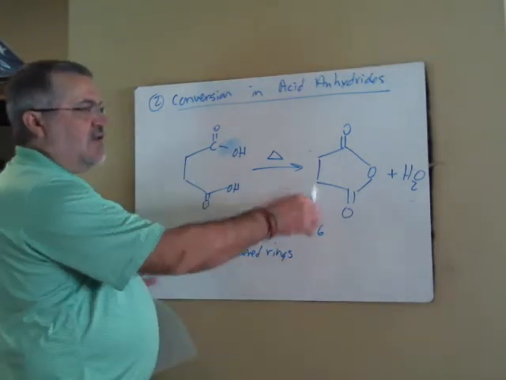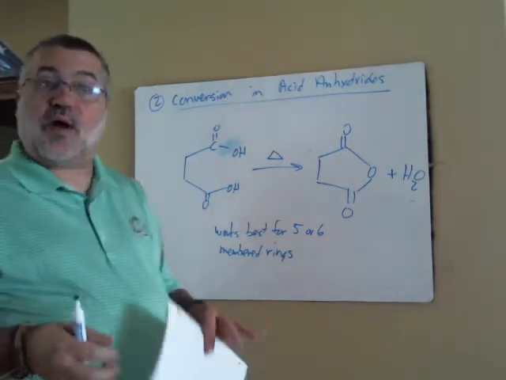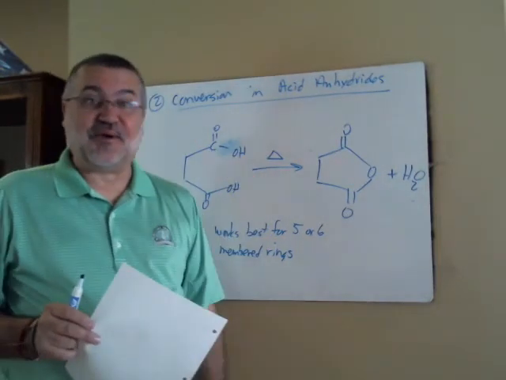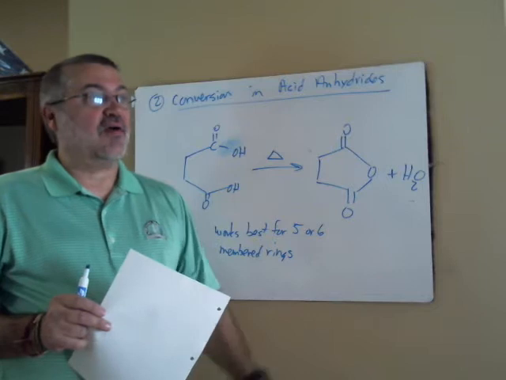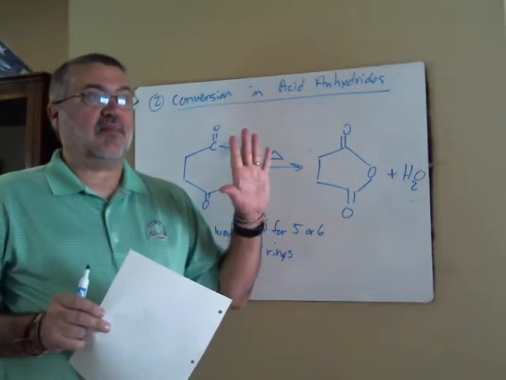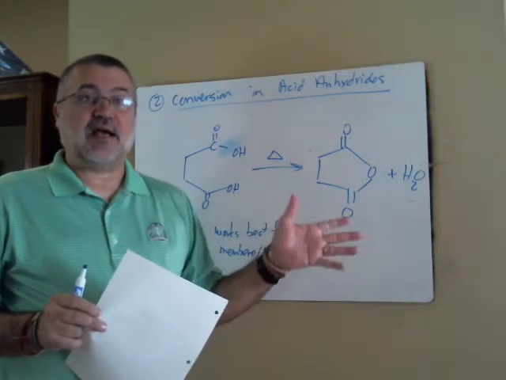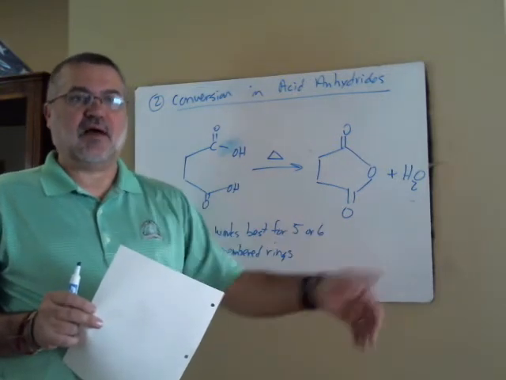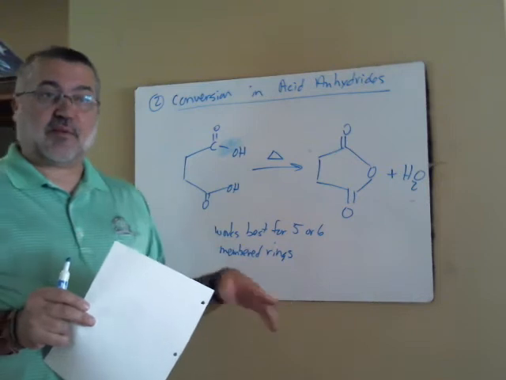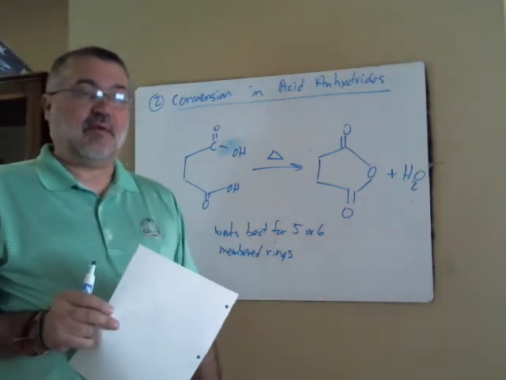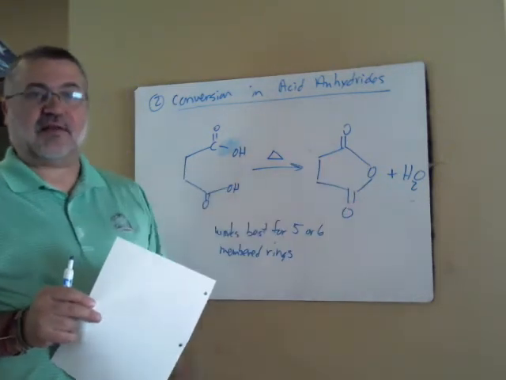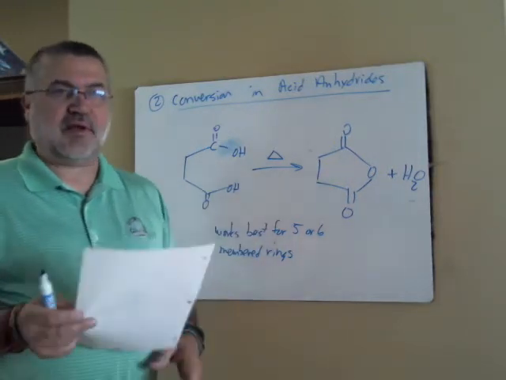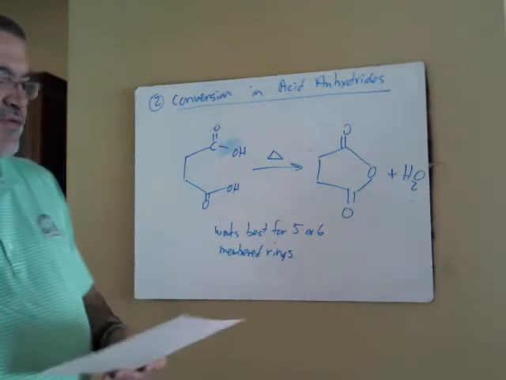And that makes sense to us because remember way back in October, God, that seems like forever ago, where we were talking about the strain in rings, and we were going through 3-membered ring, 4-membered ring, 5 and 6-membered rings. Remember we saw those were the most stable. So when you're forming a ring like this in a reaction, 5 and 6-membered rings are going to be by far the easiest and most favorable.